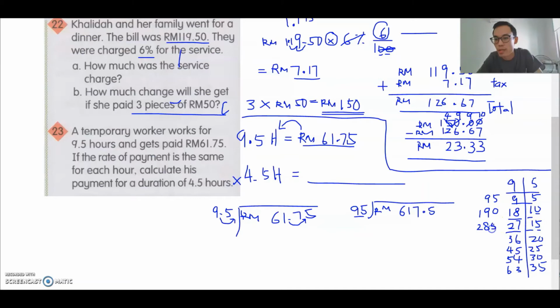Put the 5 behind. 36 plus 2 is 38. Put the 0 behind. 45 plus 2 is 47. Add the 5 behind. 54 plus 3 is 57. Oh, what number is this?